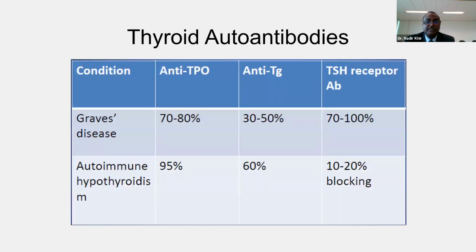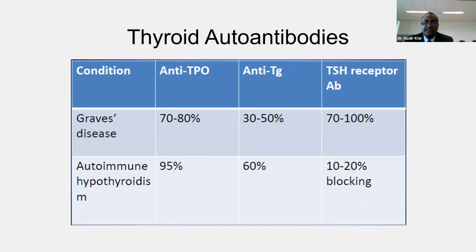Thyroid autoantibodies. This slide shows you the two common thyroid disorders: hyperthyroidism, Graves' disease, and autoimmune hypothyroidism, that's Hashimoto's. Those are the two very common autoimmune-mediated thyroid disorders. For Graves' disease, we check TSH receptor antibody, seen in 70 to 100%, almost sensitive and specific for Graves' disease.